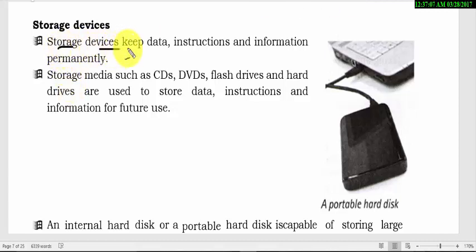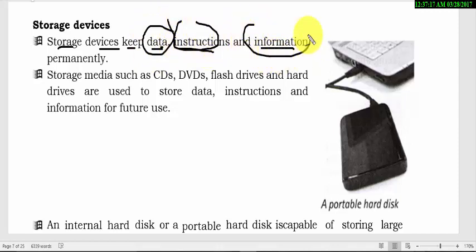Storage devices keep data. They also keep instructions and information. When we look at data, it is text, the one we discussed there. Then we have video, we have audio, then we have images.